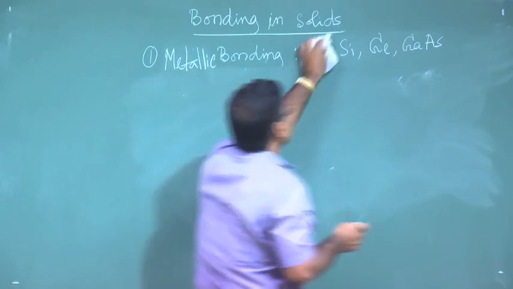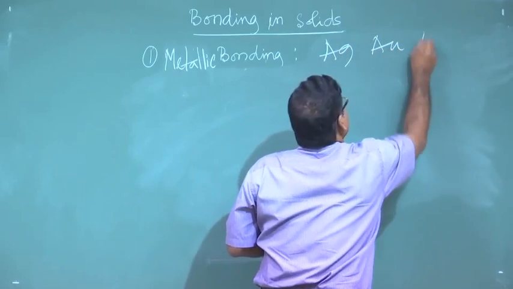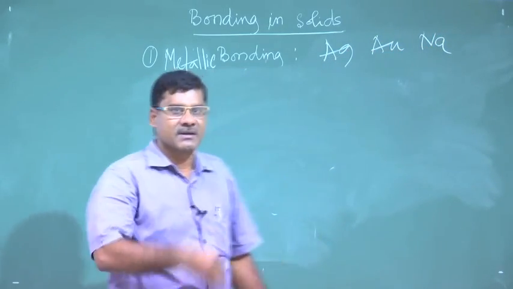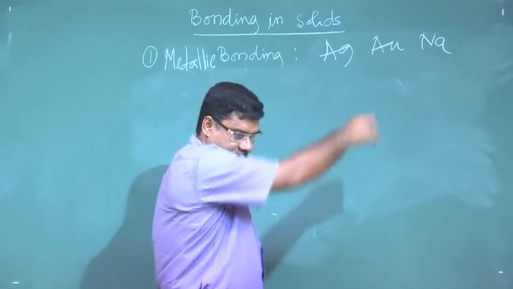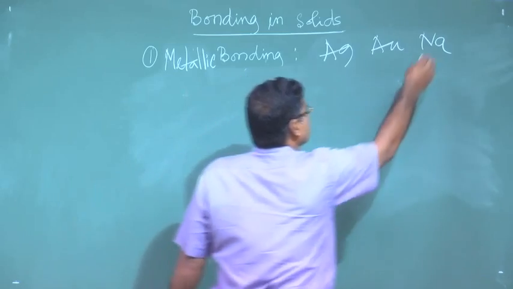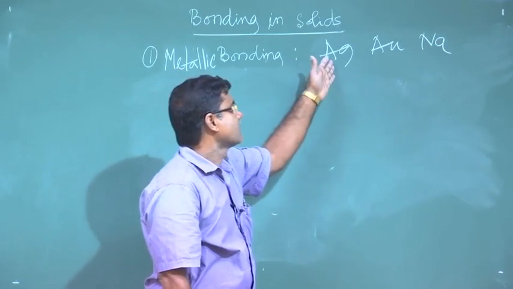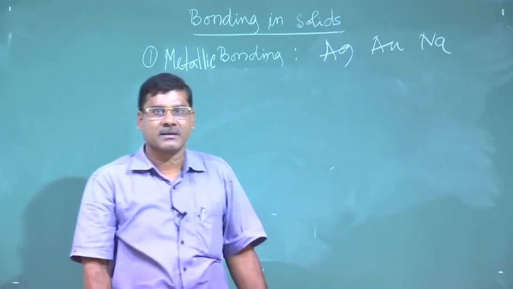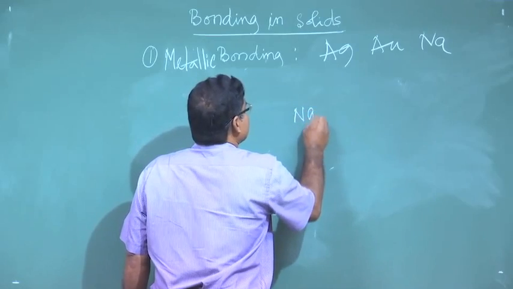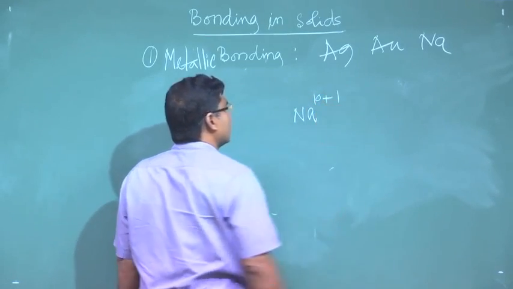Similarly, metallic bonding. Metallic atoms, as I mentioned, silver, gold, sodium, etc. All these metals have outside electrons, valence electrons. In the case of sodium, there is 1 electron outside. For silver one has to see the electronic configuration. In the case of sodium, which has 11 electrons, if it leaves 1 outside electron, it gets a stable configuration. So, this is basically a sodium ion plus, and it leaves 1 electron.